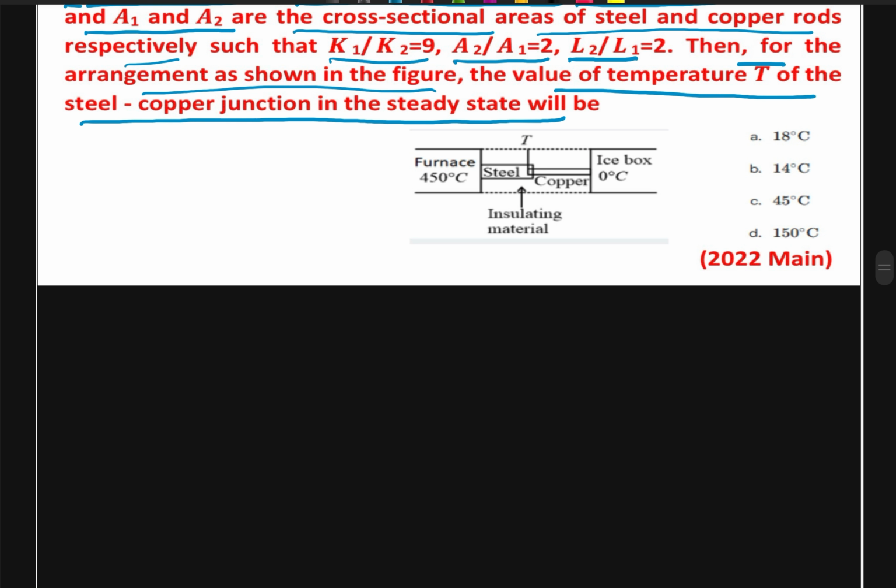So we are given the figure. On the left side there is a furnace at a temperature of 450, and on the extreme right is our ice box at 0 degree centigrade, and in between there are steel and copper of different areas, and their junction temperature is T, which we are supposed to find out.